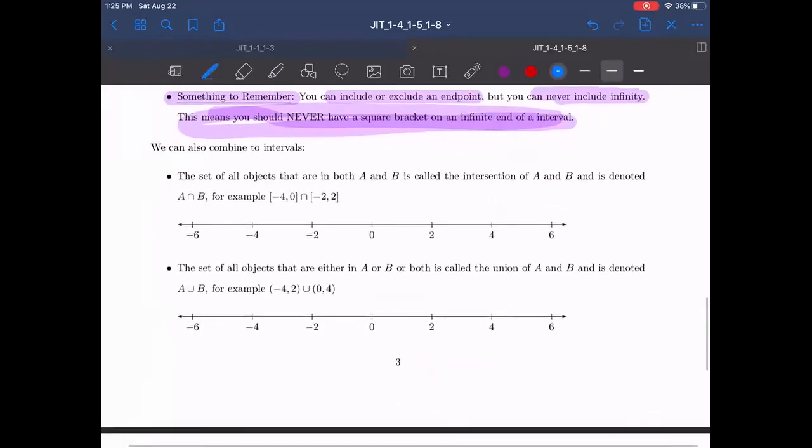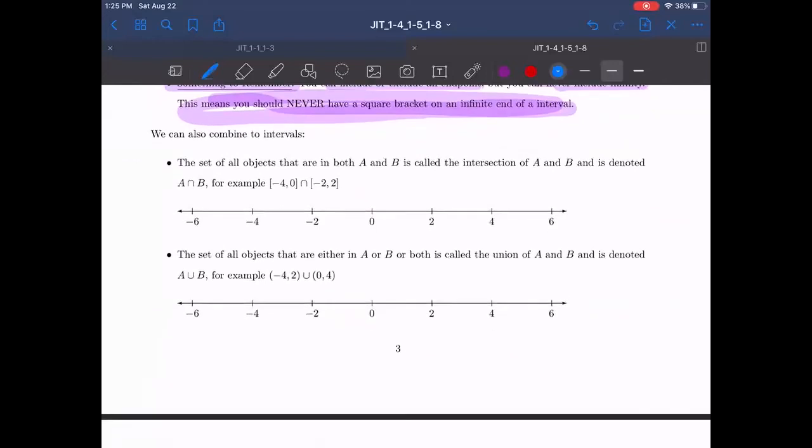All right, we can also combine intervals. There's a couple operations we can use. If we've got two intervals, A and B, and we want to do the intersection of those, that's the set of points that are in both of the intervals.